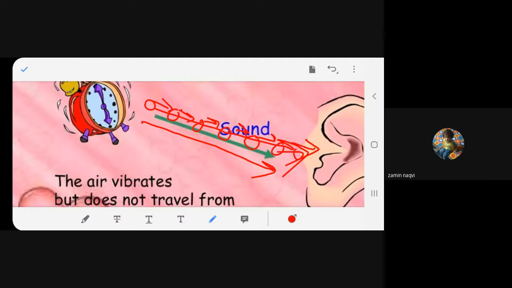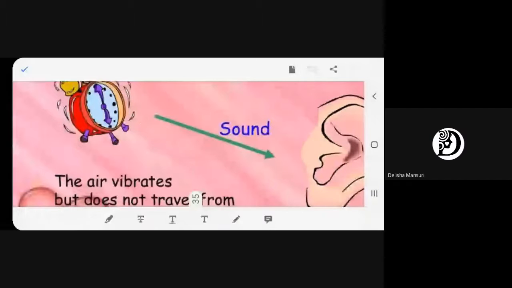The energy travels from one particle to the other till it reaches our ears, and then we hear. Have you understood? Did you understand better?